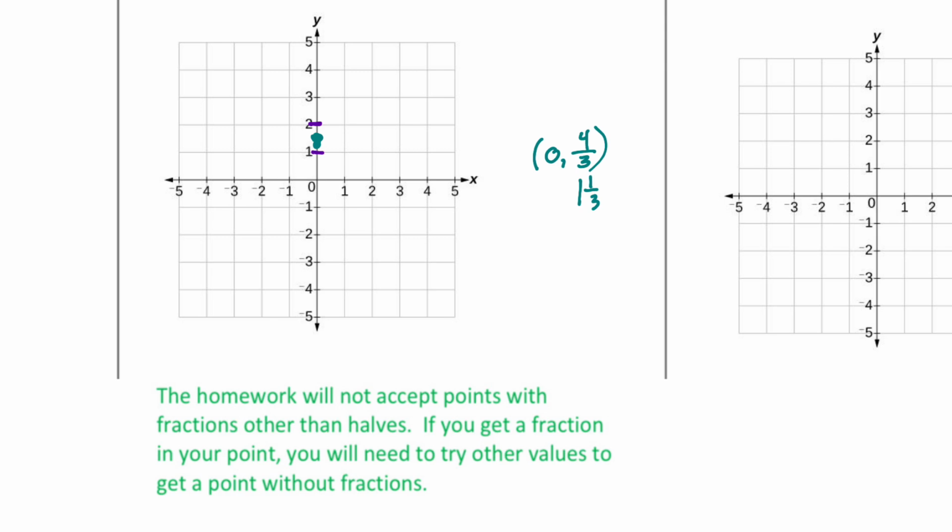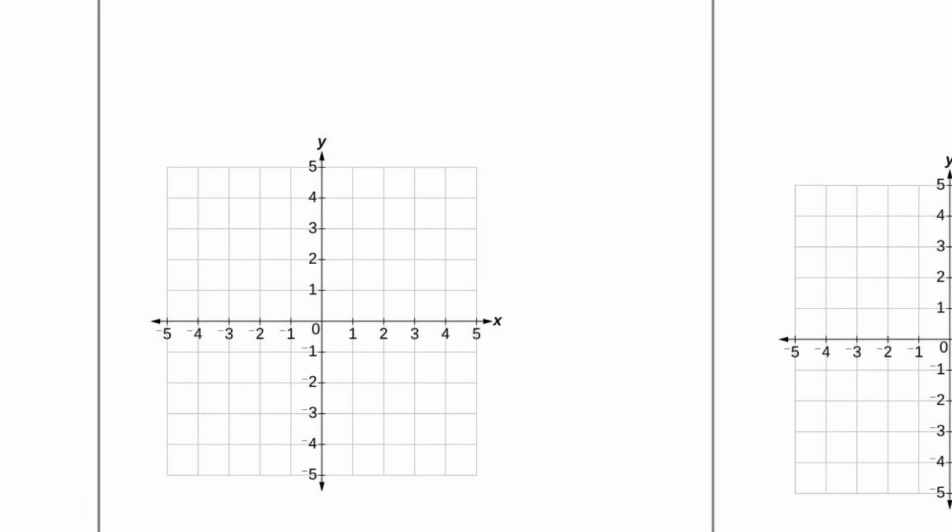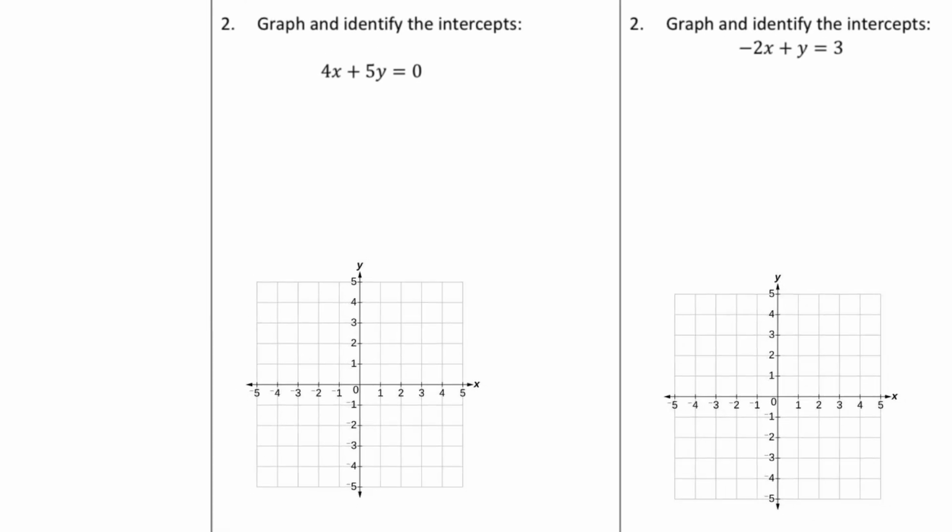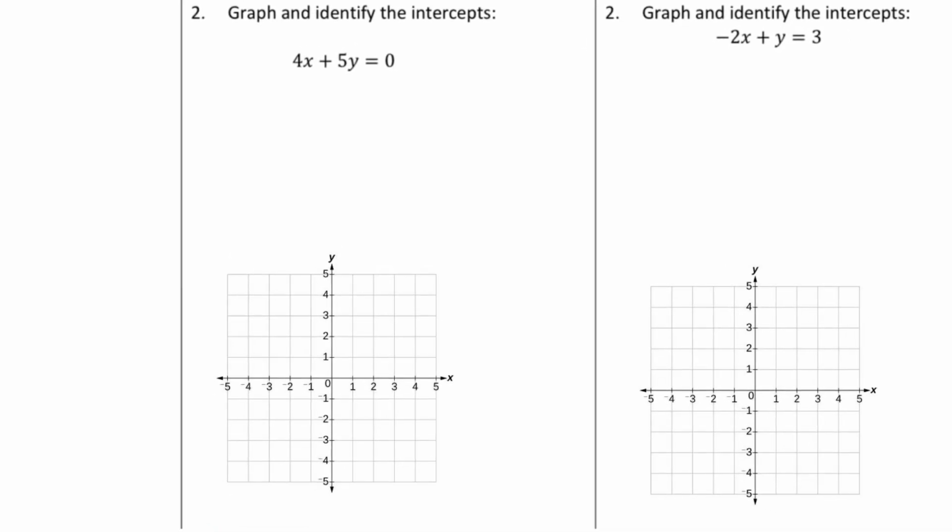So if you get something that has thirds or fifths or something and it's not on a half, when it simplifies, you've got to try a different value. I'll show you how to do that if it comes to that point. But right now, you're just practicing, so you haven't really learned it yet. So if you end up with those problems in your homework, let me know and I'll help you, okay?